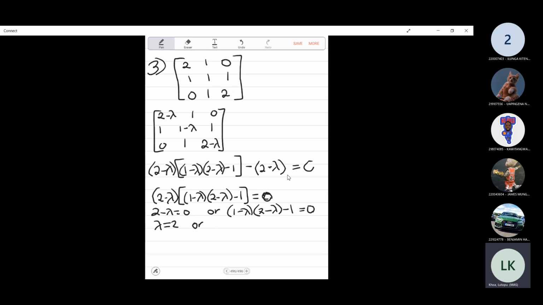I will get minus 3 lambda plus lambda squared is equal to 0. So this means lambda minus 3 plus lambda is 0. So lambda is 0 or lambda is 3. So those are my 3 eigenvalues, 2, 0, and 3. So now I work them out.